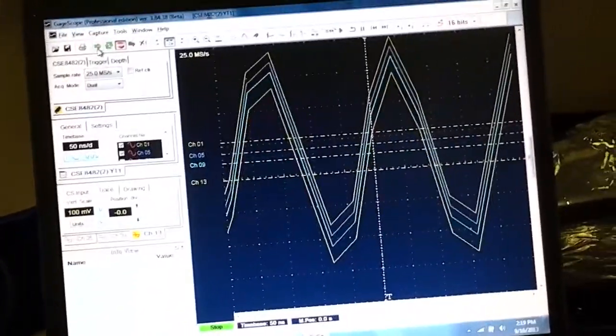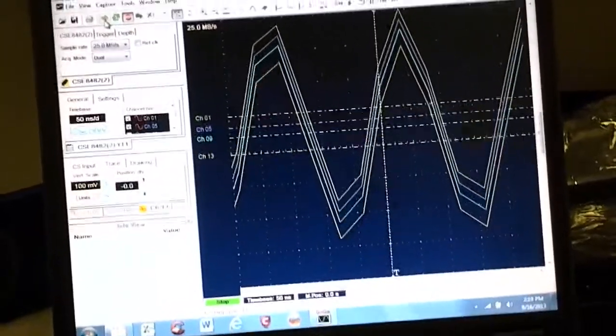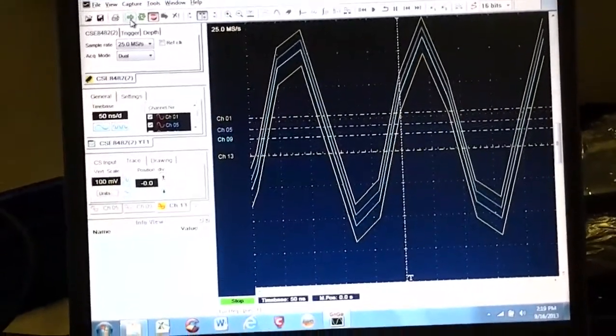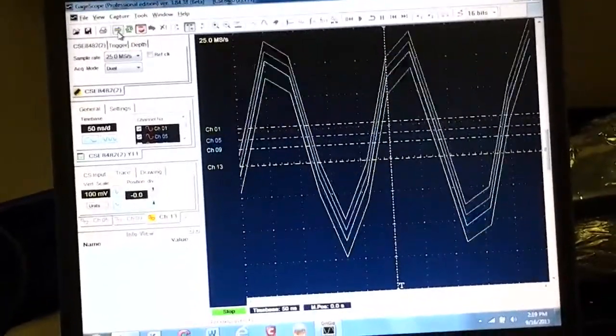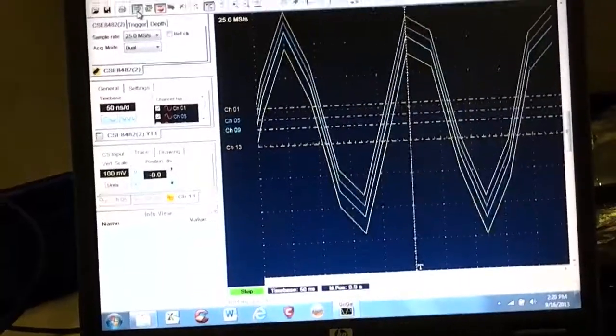In fact, it looks to me that the simultaneity between channels on the same card, such as channel 1 and 5, is just as good as across 2 cards, like comparing, say, channels 1 and 9.